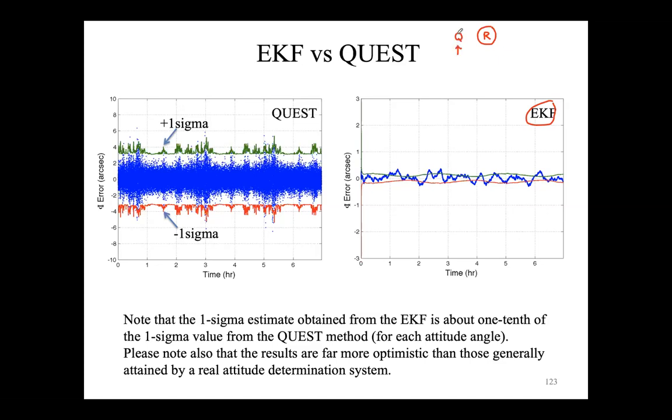So let's assume that you assume a Q that is very, very high. So you are weighting your gyroscope measurements less, which means that you're going to converge to something close to the quest algorithm. You're not using the information from the gyroscopes. But the extended Kalman filter has the possibility to correct the errors of the gyroscope, so you want to use that.